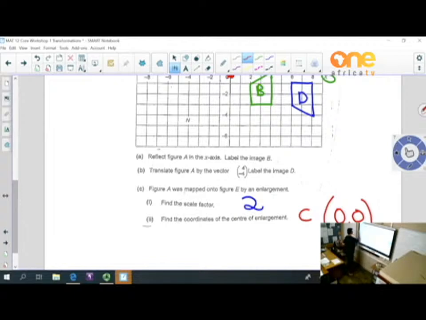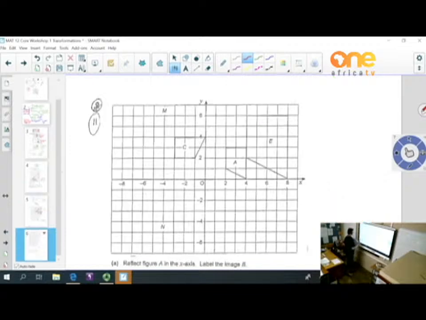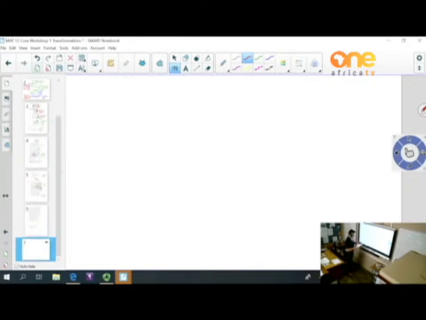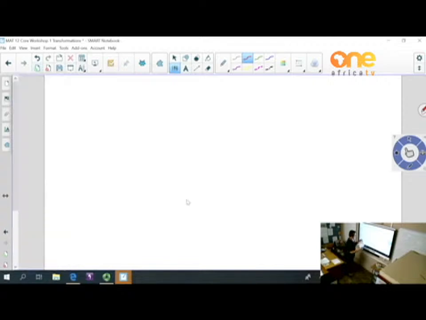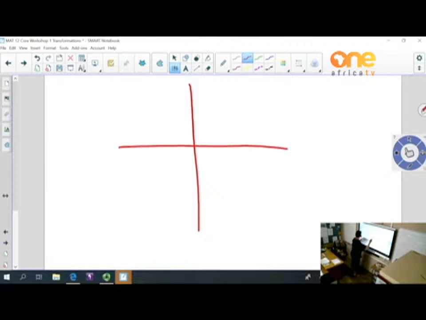Right. The next one. Right, and let's look then at that last one. Now, here we have it on the grid, and you have shape A here.